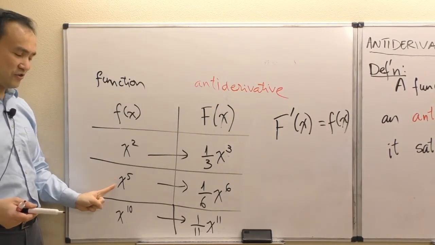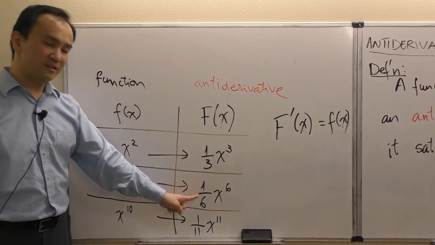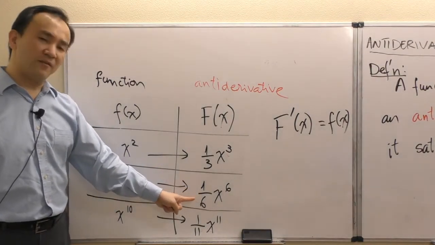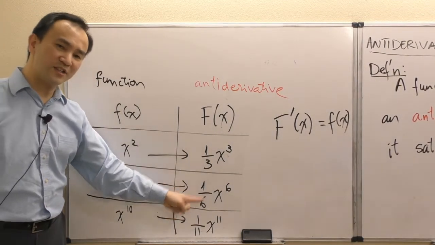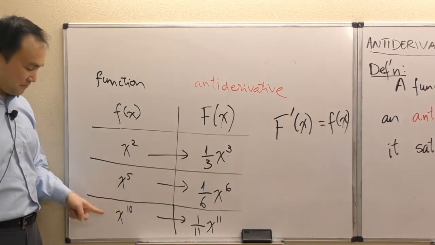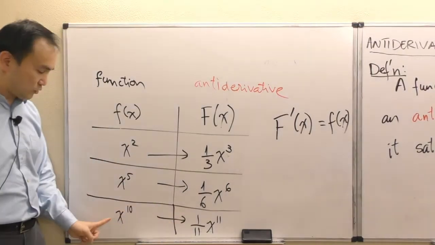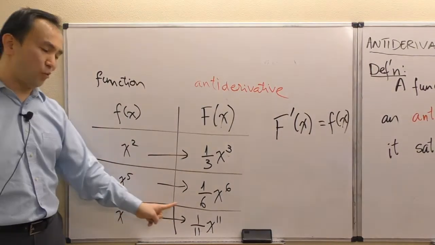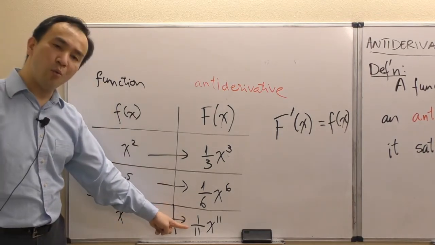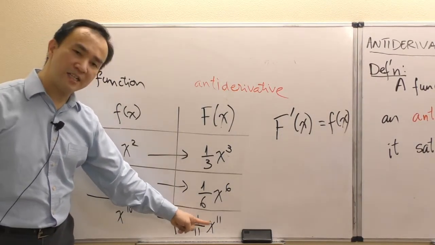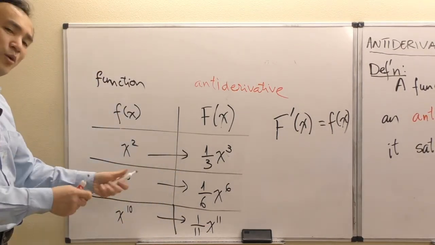So if your function is x to the 5th, a higher power function, then an antiderivative of x to the 5th is 1/6 x to the 6th. Okay, and then x to the 10th: if x to the 10th is the function from the start, then an antiderivative of x to the 10th is 1/11 times x to the 11th. Okay, so that's what it is for now.